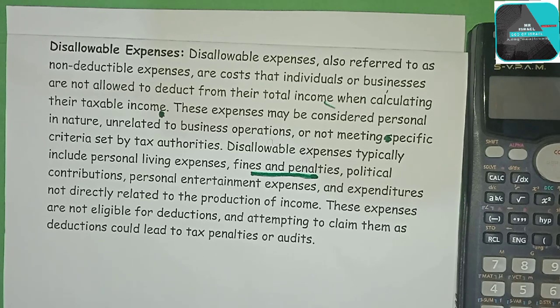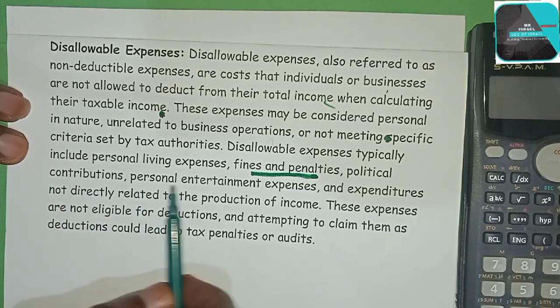You pull out driver's license money, or maybe an environmental fee levy that you're supposed to pay in your estate. You apportion it back to the company. That is disallowable. They will add it back to your tax and recompute it, and your tax liability will increase. So it's better you know the difference.